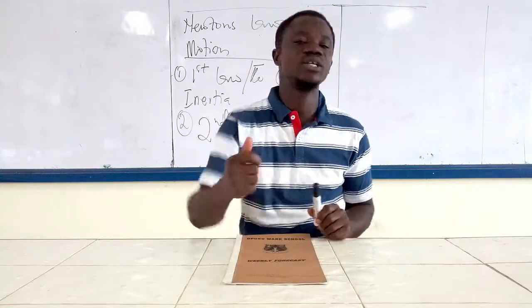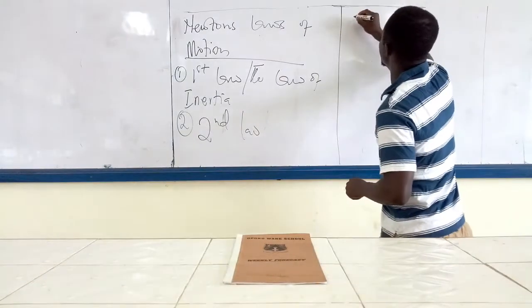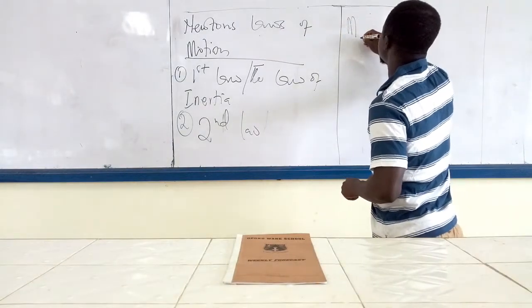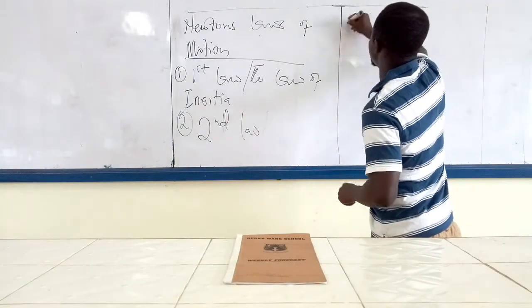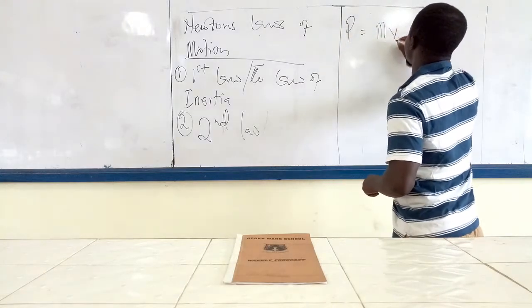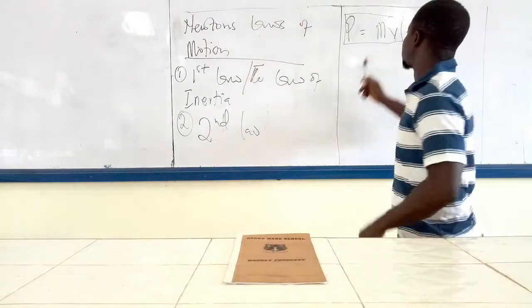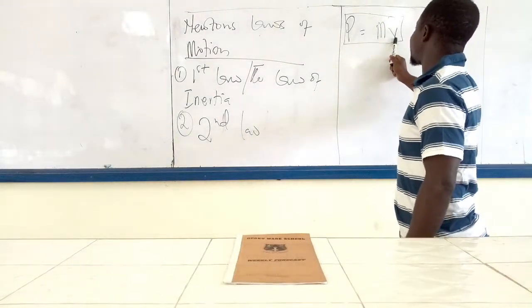So what is momentum? We define momentum as the product of mass of a body and the velocity of the body. Momentum is the product of mass and velocity of the body.